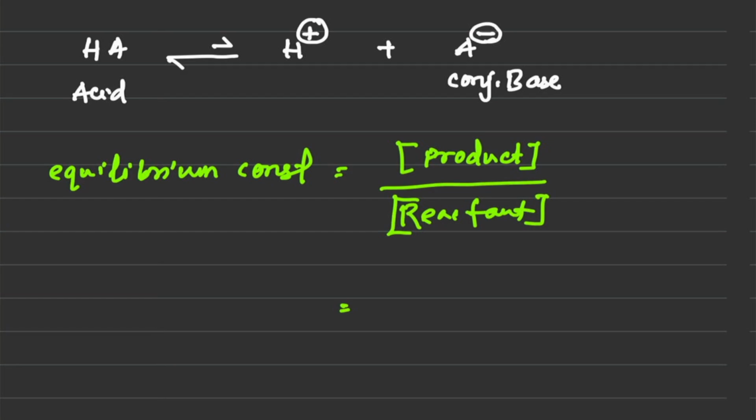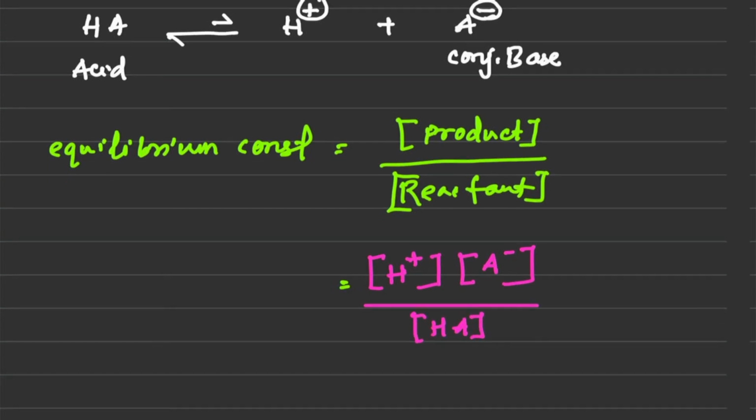Our products are the H+ ion, so we have to find the concentration of H+ ions. And what else do we have in our products? We also have our conjugate base A-, divided by our reactant, which in this case is HA, the acid itself.